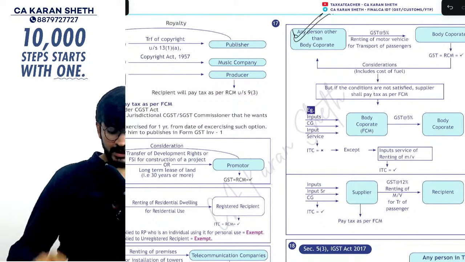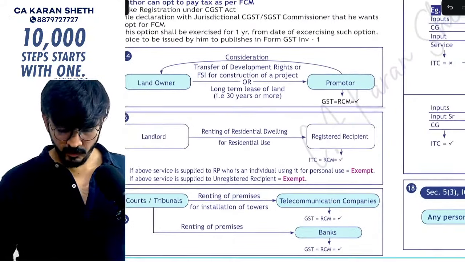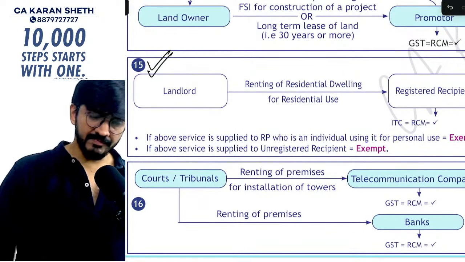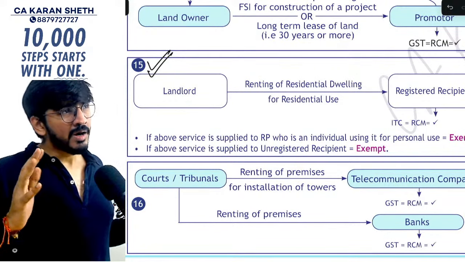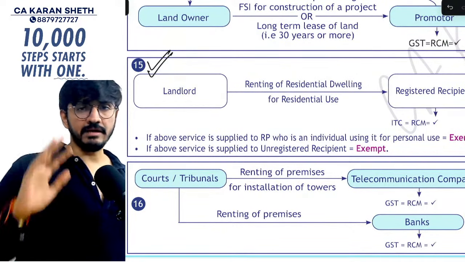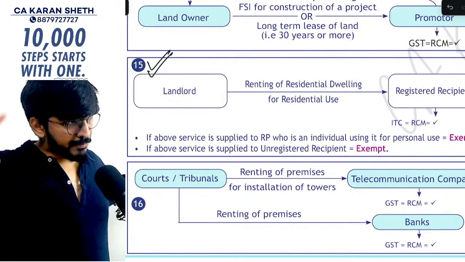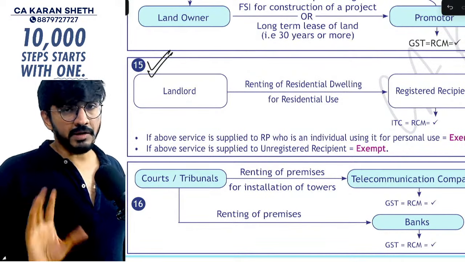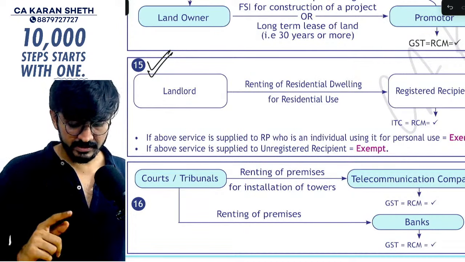But before that I would like to take you through the amendment, the 15th one. And then I will take you to those three services, because they are more or less very interrelated: security, GTA, and renting. These are the big services where generally people make a mistake. Fair enough. Let's do the 15th one quickly. Come on.